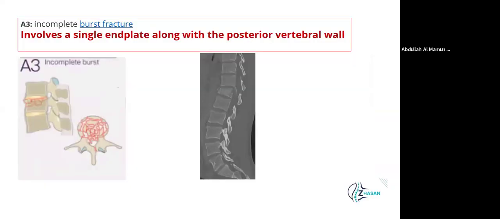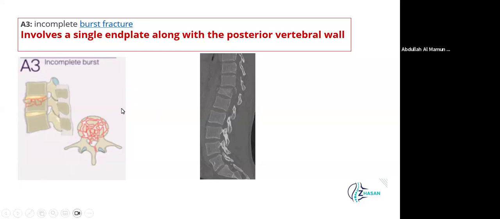Number three, A3, is called incomplete burst fracture. As you can see here, the superior end plate is injured along with the posterior vertebral wall. So this is A3, incomplete burst fracture. So what is complete burst fracture? Very easy now.